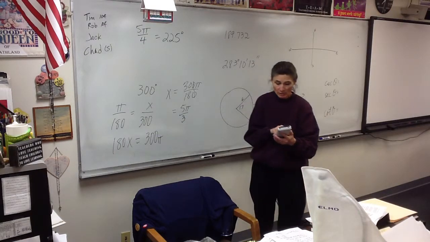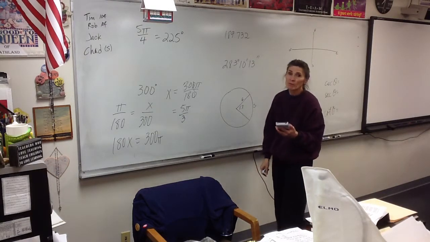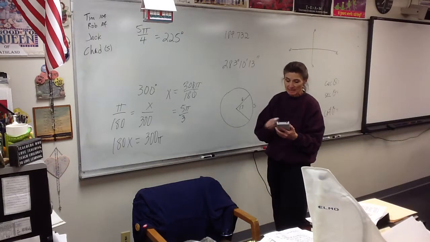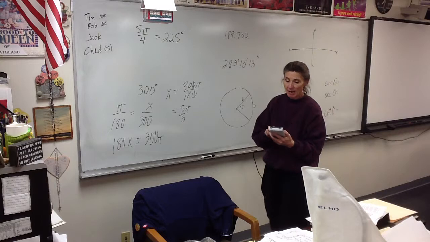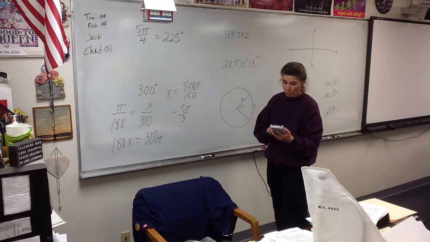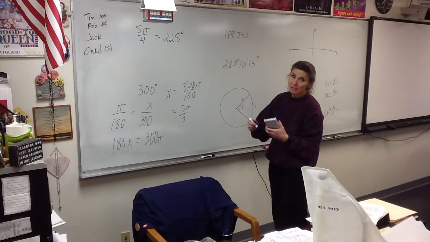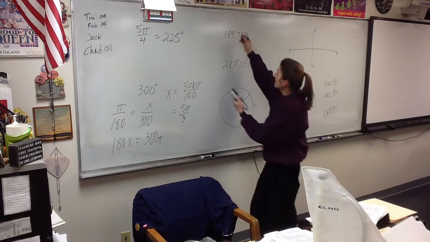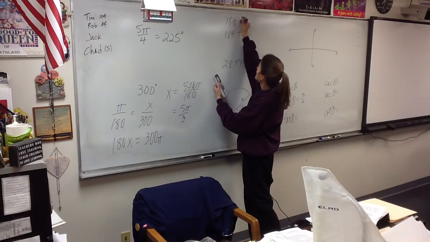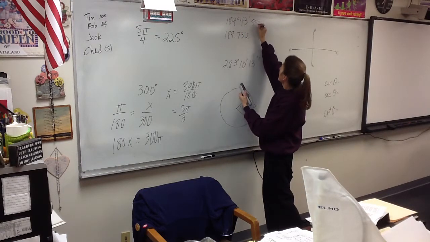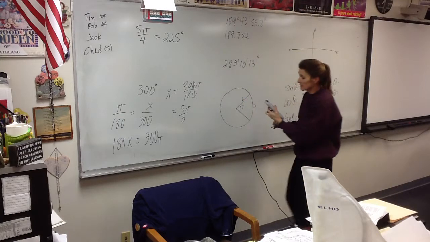Then we are going to go to second angle. And remember, the angle button is the apps button. So second angle, and click down to item number 4, which is DMS, degrees, minutes, seconds. You'll need to press that button twice, and then it will say 189 degrees, 43 minutes, and 55.2 seconds.